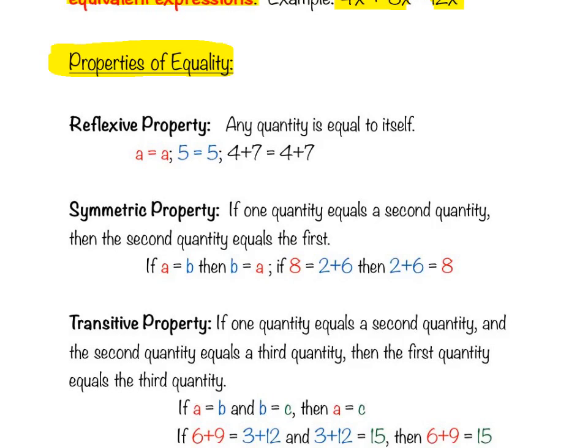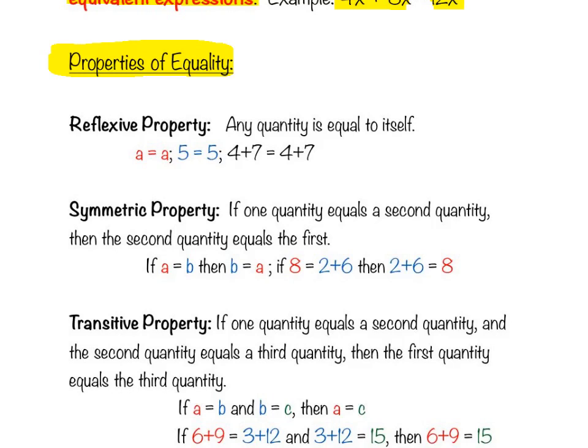Okay, the next property is the symmetric property. Here's what it says. If one quantity equals a second quantity, then the second quantity equals the first.